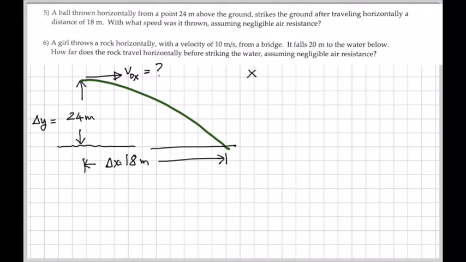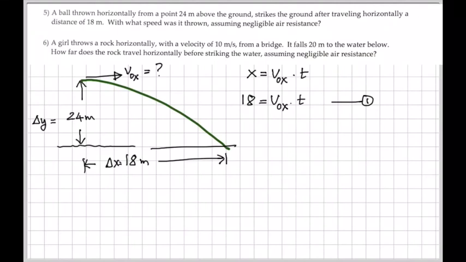Delta x is equal to Vox multiplied by time. And in this problem, do you know x? Yeah, 18 is equal to, we're trying to find Vox. Do you know the time? No, we don't. We do not know Vox and we do not know time.